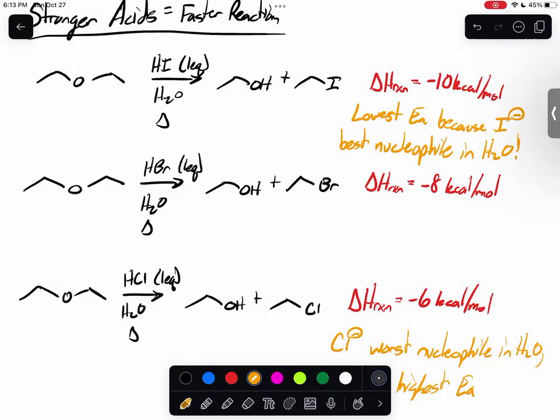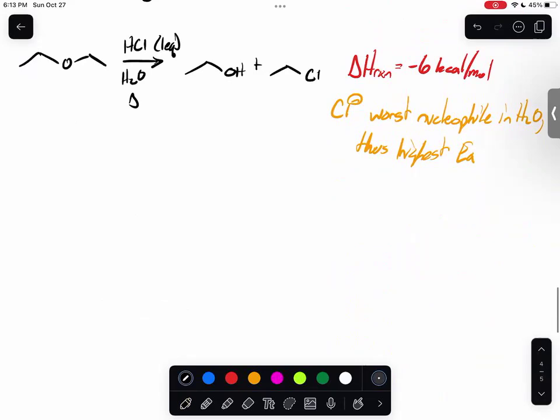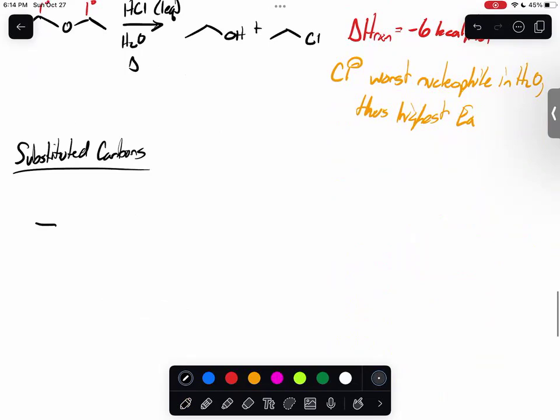Okay? Now then, looking a little further than this, we've been looking at all these where these carbons have all been primary. But what if they were not? Right? Let's say that we were looking at substituted carbons that are a bit more bulky. Say we were looking at something that was a couple tertiary carbons.